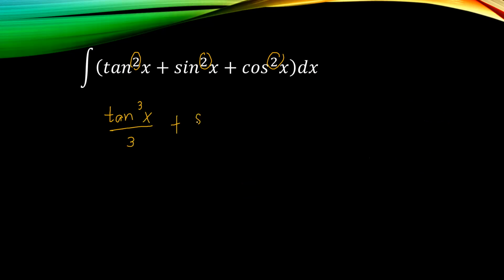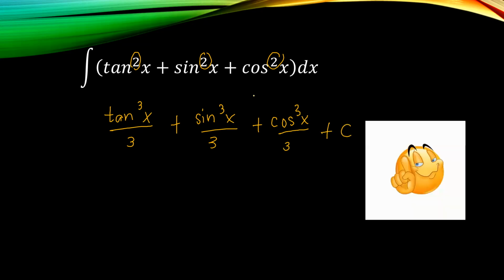Kasi 2 plus 1 is 3. Ay, sorry. This is 2 plus 1, kaya 3 over 3. Then plus c. And of course, again, this is wrong. Mali po ito. Okay? So what is the right thing to do?